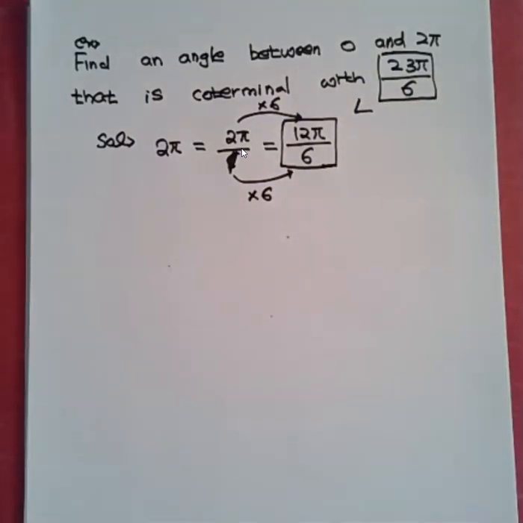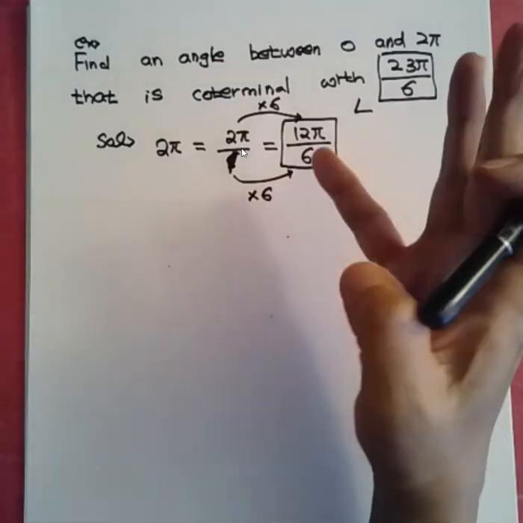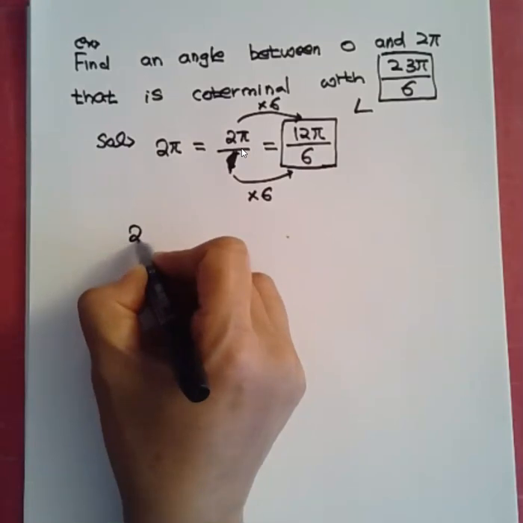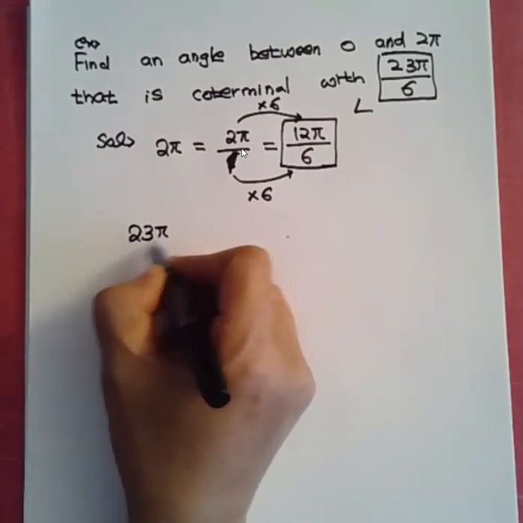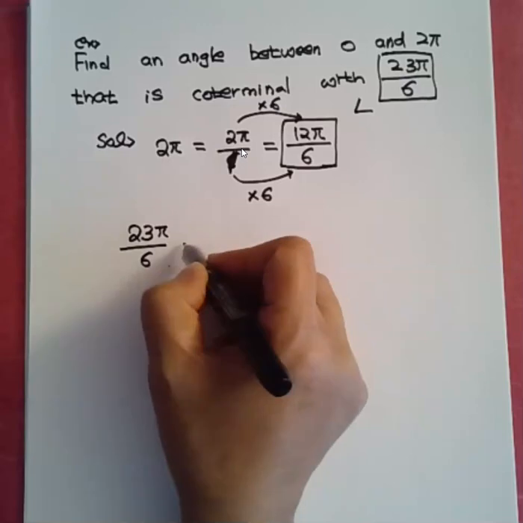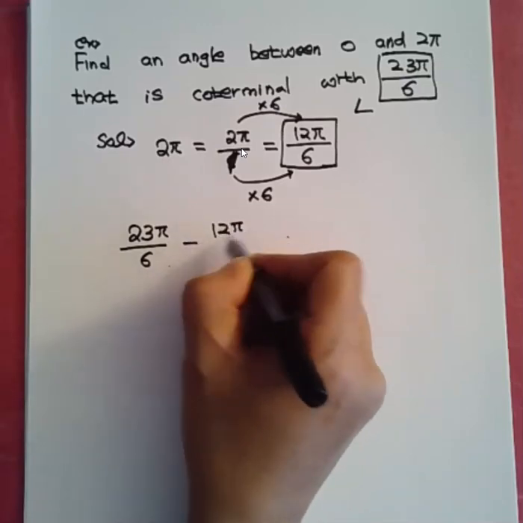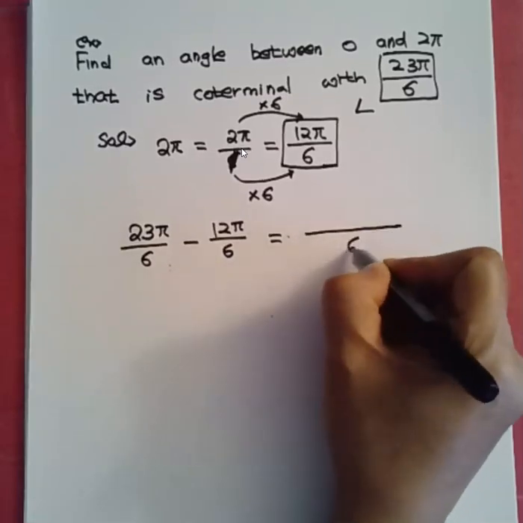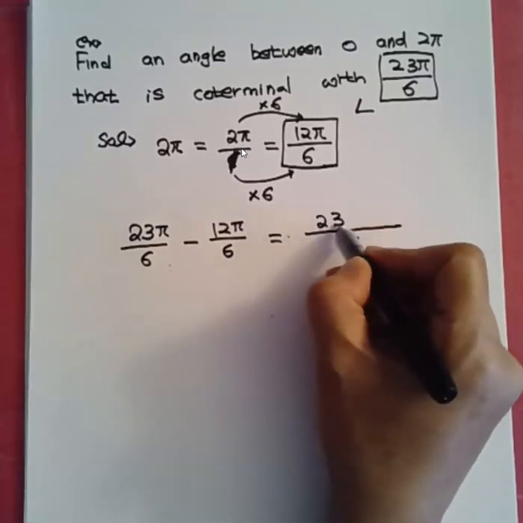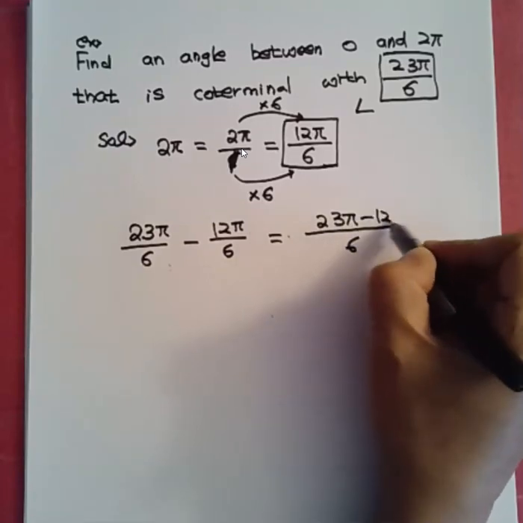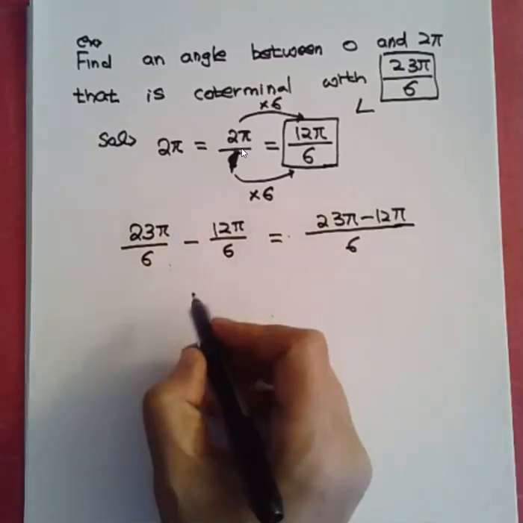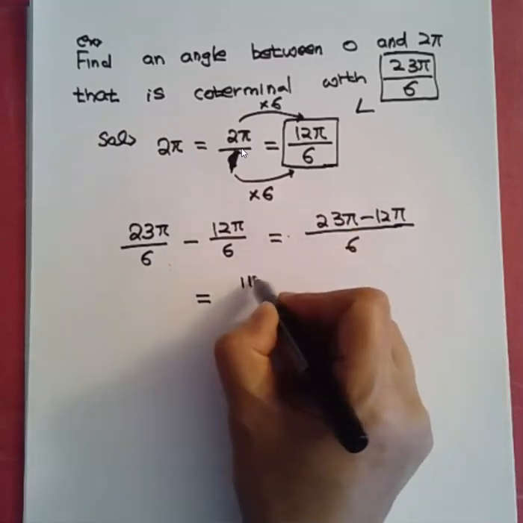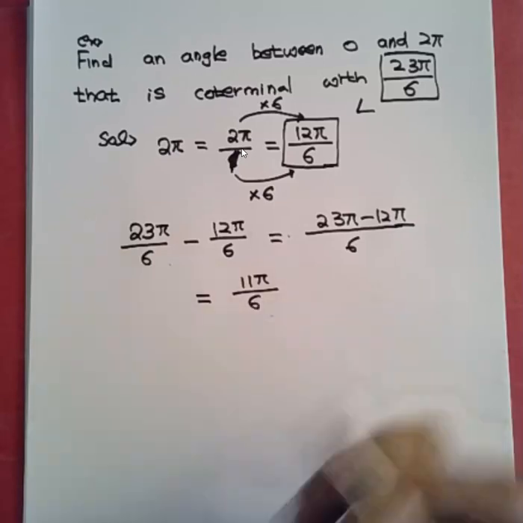When we compare this, which is one full rotation, with this number, this number is larger. So what we attempt to do is subtract this number from it and see what happens. 23 pi over 6 minus 12 pi over 6. We have the same denominator 6, so we can do 23 pi minus 12 pi. Then that'll be 11 pi over 6.